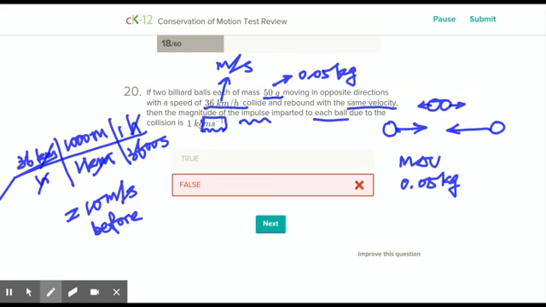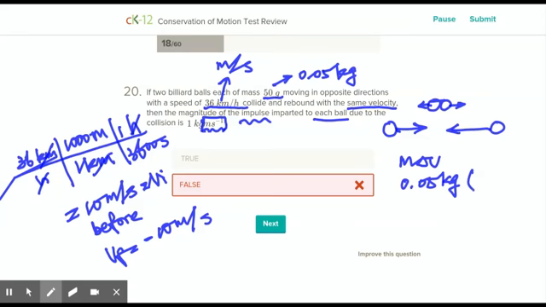But after the collision, it rebounds with the same velocity but in a different direction. So this is v initial. v final should be the same speed, 10 meters per second, but in the negative direction, so it's negative.